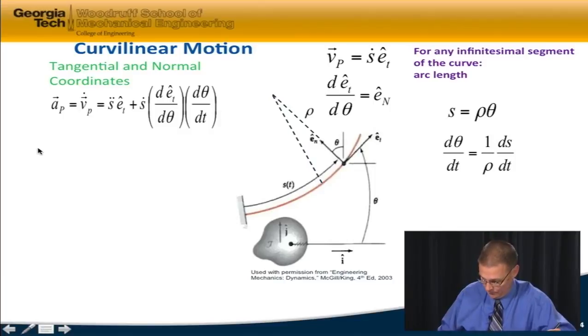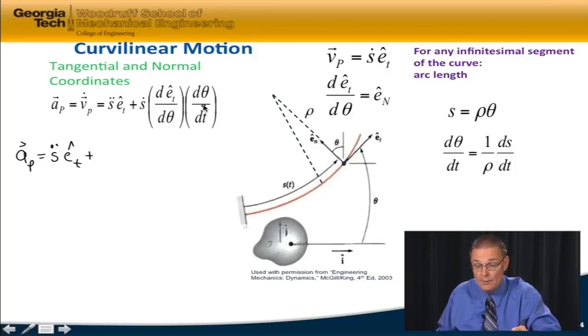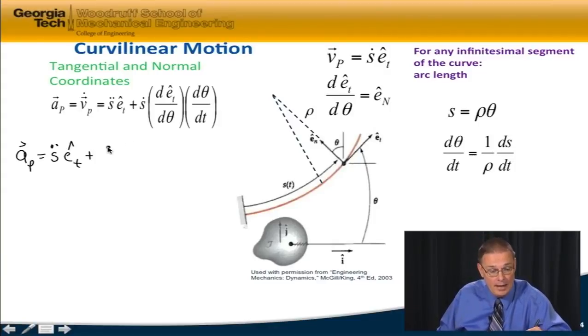And so again, I can use that to put in here. And so I get A sub p is equal to s double dot in the E tangential direction, plus I've got s dot here, and d theta dt, which is s dot times 1 over rho. So I've got s dot here, s dot there, so that's s dot squared over rho. And we know that d of E tangential d theta is equal to E normal.